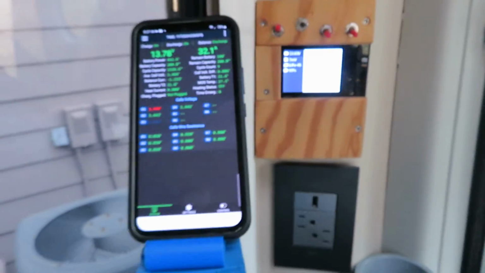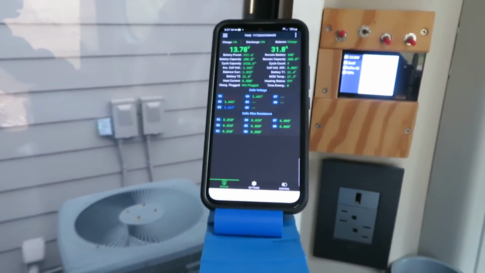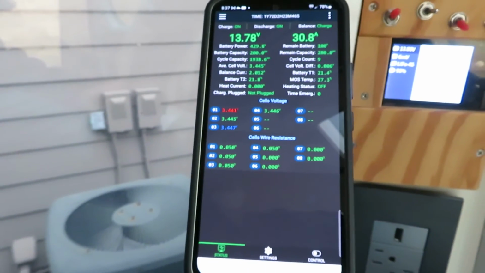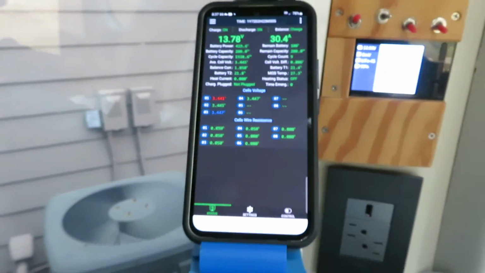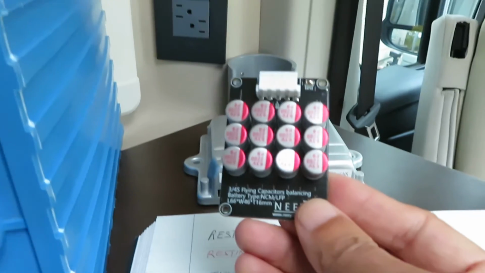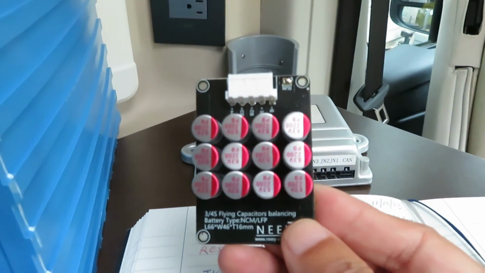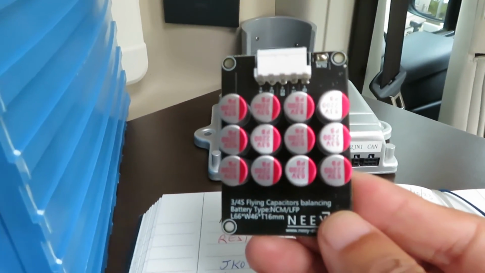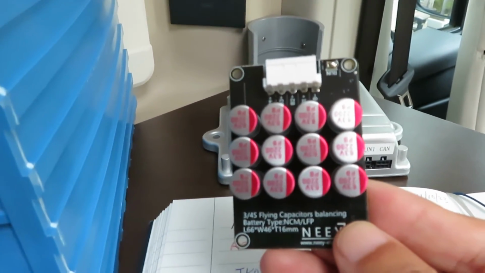So they are very good based on what I have seen, and the JK-BMS definitely has outstanding balancing capability. If you don't have the JK-BMS, adding a 5 amp balancing circuit would help to prolong the life of the battery and also the energy capacity of the battery.